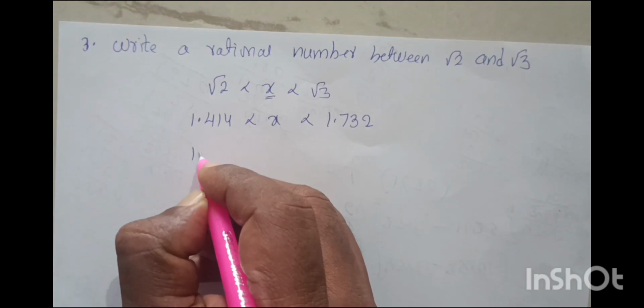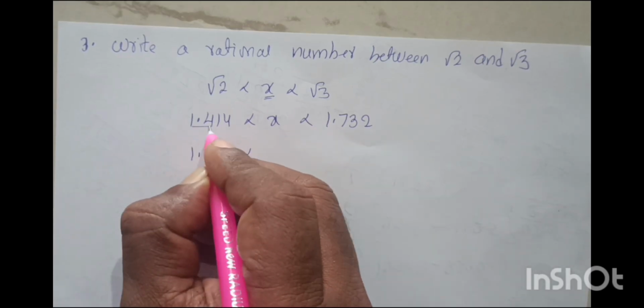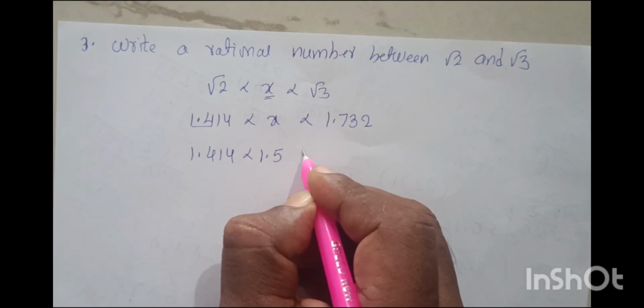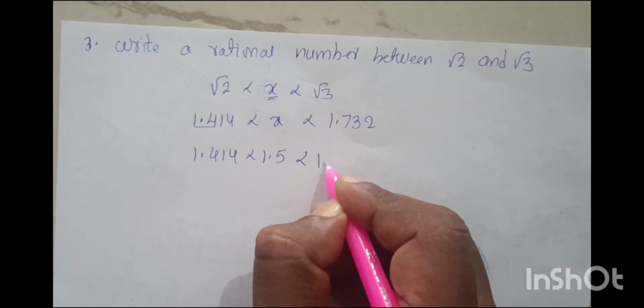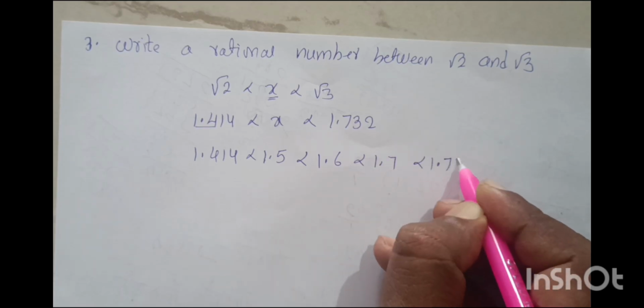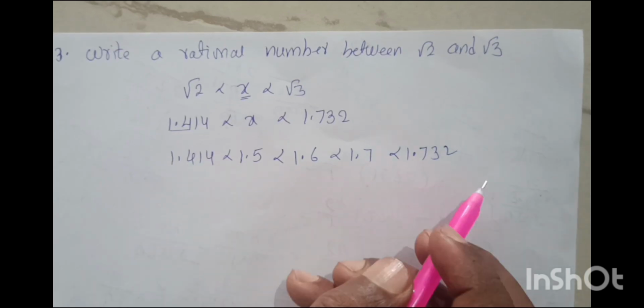So now, 1.414 is less than 1.5, next 1.6, next 1.7, all less than 1.732. These are all between 1.414 and 1.732.